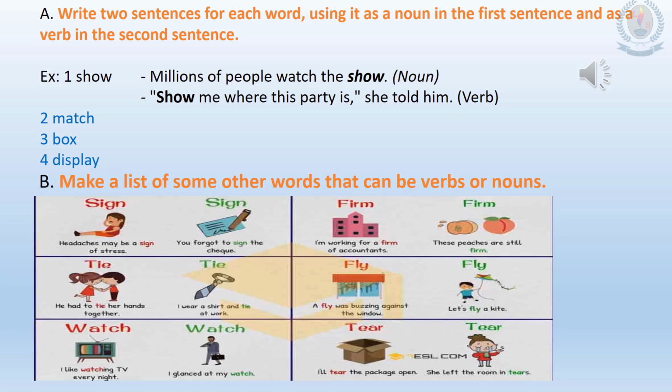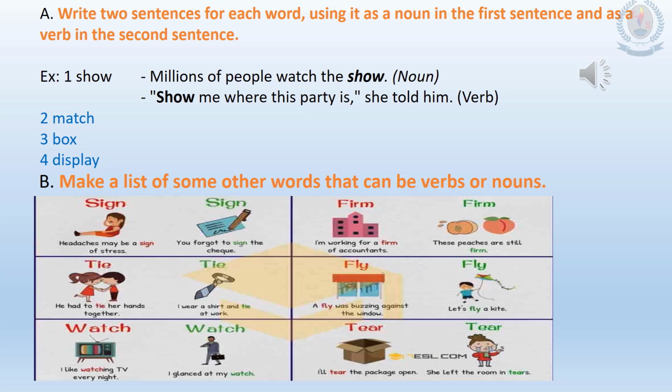Write 2 sentences for each word, using it as a noun in the first sentence and as a verb in the second sentence. So I have given you an example. Number 1, show. Millions of people watch the show. So here the word show acts as a noun.